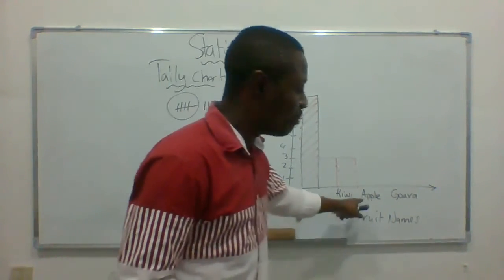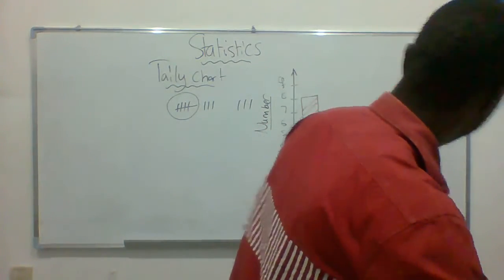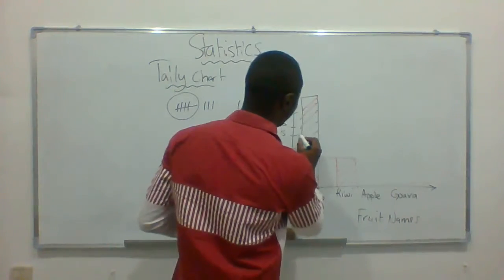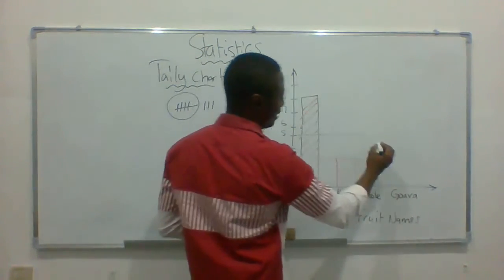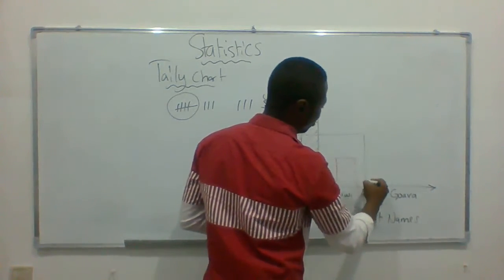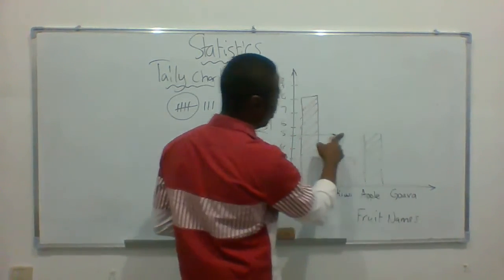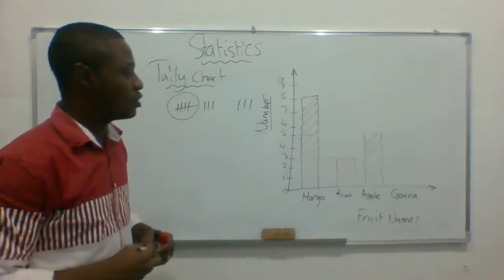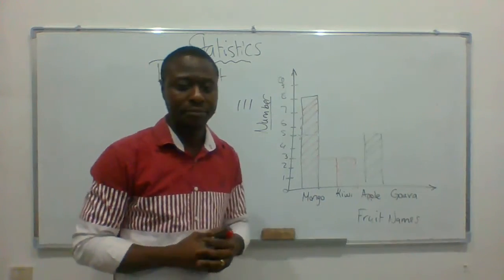Then apple. Apple is my third fruit. How many apples? It says 5 apples. So the apples should reach this level, the 5 level. It doesn't have to exceed 5. I will reach this line, which I drew to help me get it accurately.